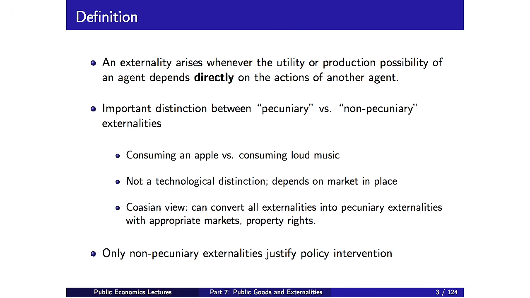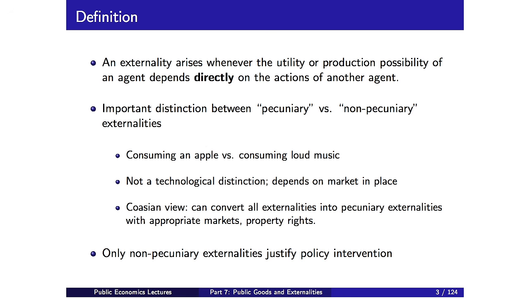So what is an externality? An externality arises whenever the utility or production possibility of an agent depends directly on the actions of another agent. So if my consumption enters your utility function, then there's an externality. There's a critical distinction between pecuniary and non-pecuniary externalities.